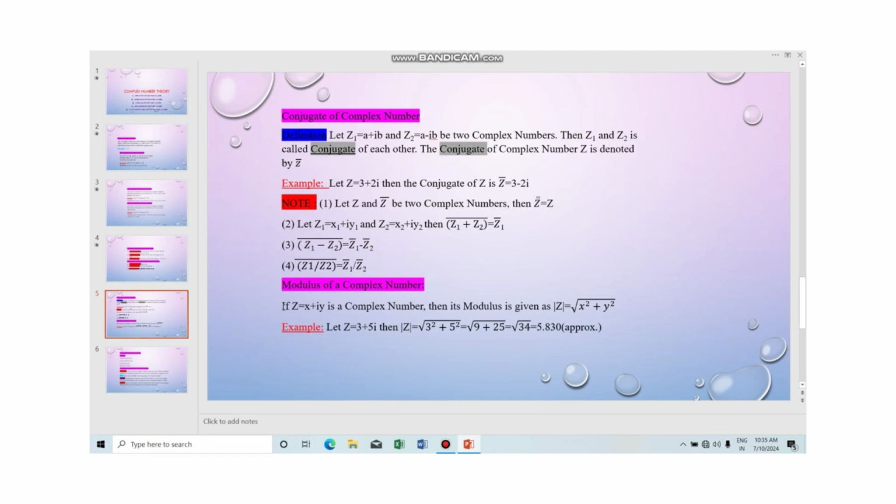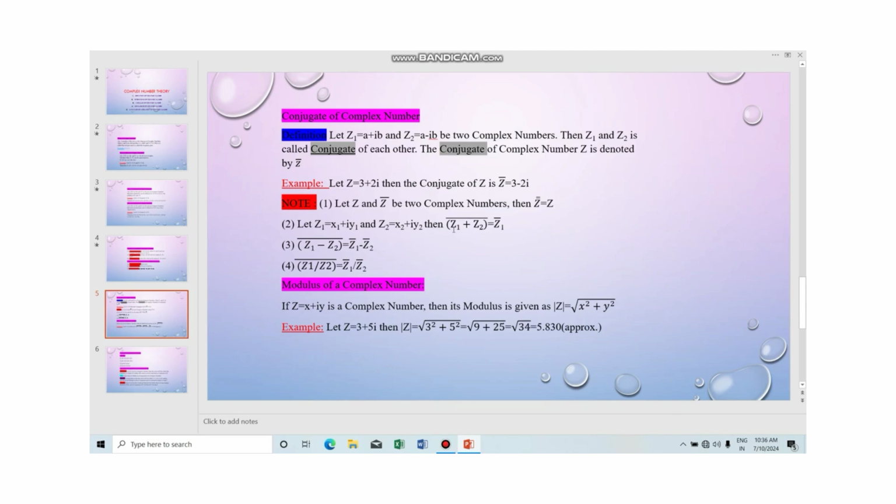Some important notes. If z and z bar are two complex numbers, then z bar whole bar equals z. Two, let z1 equal x1 plus iy1 and z2 equal x2 plus iy2.